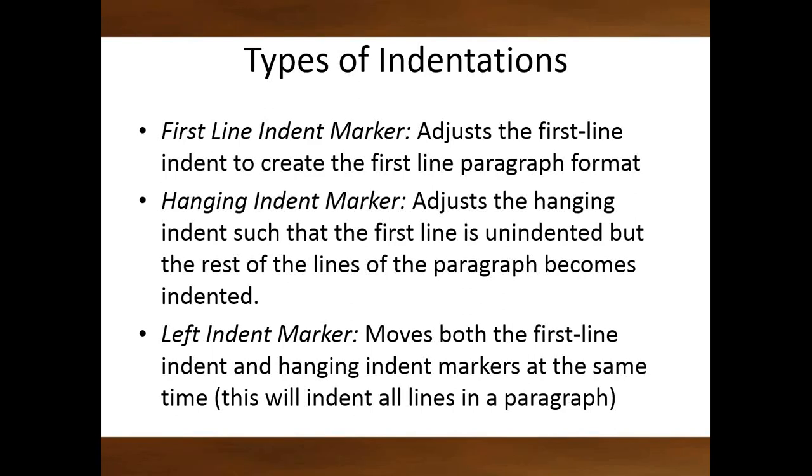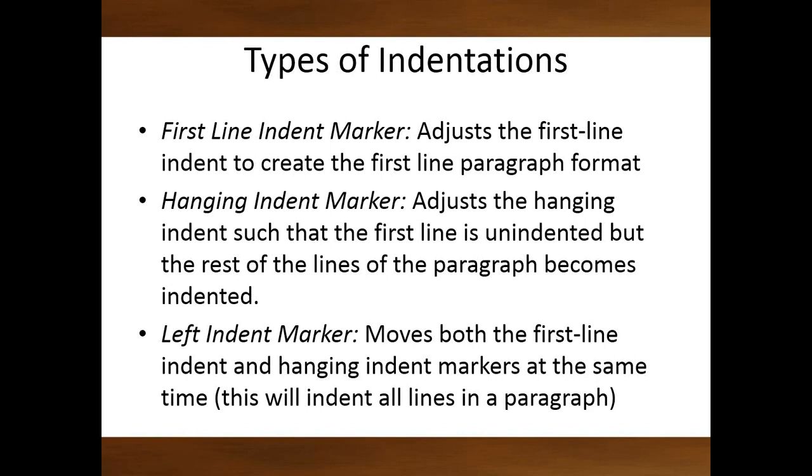So the first line indentation usually will leave a space between the first line of text of a paragraph and the margin found on that first line. So we leave some gap between the margin and the first line of the paragraph. And once we do that, we have created the first line indentation.